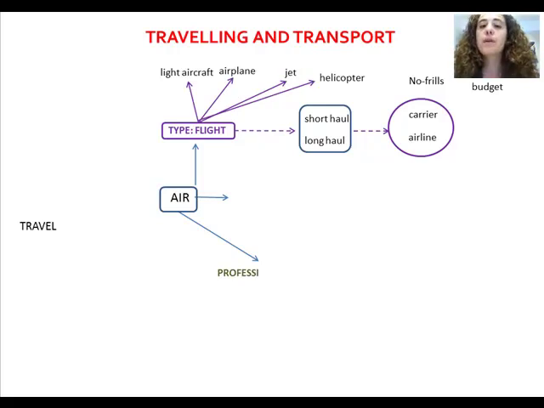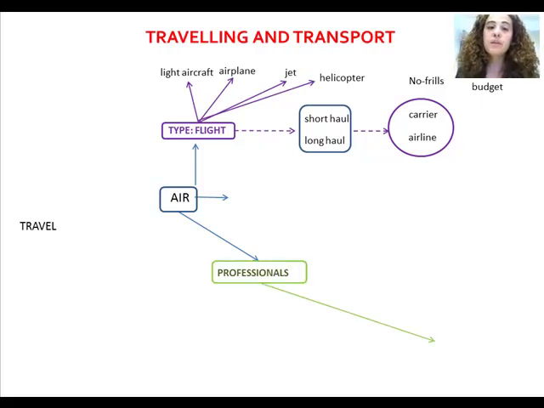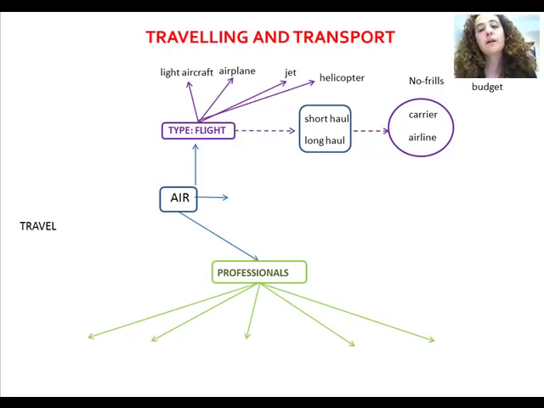Also, we can talk about the type of professionals related to this type of trip, traveling and transport. And there are many, of course, but we have chosen to just group them into different kinds. Cabin crew, also called air crew, because they are the people who work while we are in the air. And then ground staff or ground crew, who are the people who are going to help us before we get to the airplane.